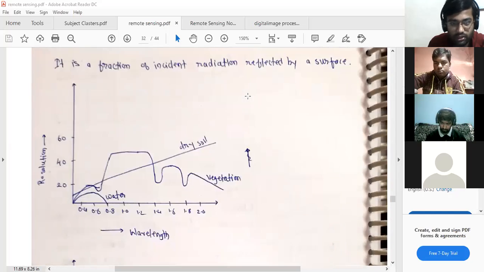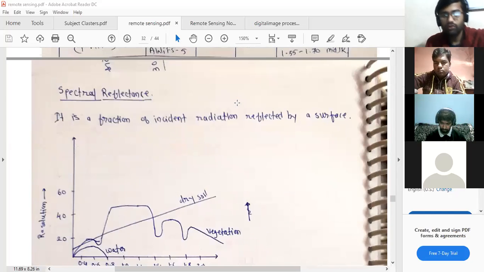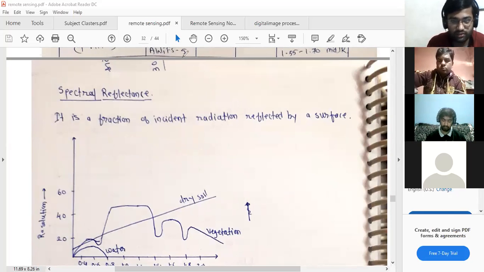Let's do two small topics. Now we have spectral reflectance. What is spectral reflectance? It's the fraction of incident radiation reflected by the surface. Let's say this is your vegetation, let's say this is your tree.